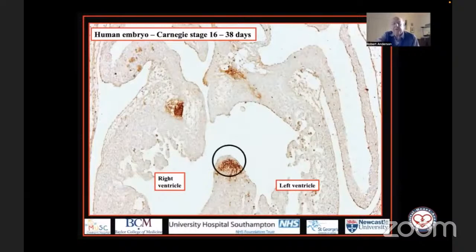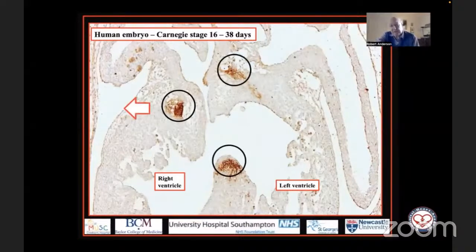But what I hope you can see is that there is the basal part of the ring that is still on the crest of the muscular ventricular septum, but the top part of the ring has expanded rightwards. And there is the remainder of the ring.